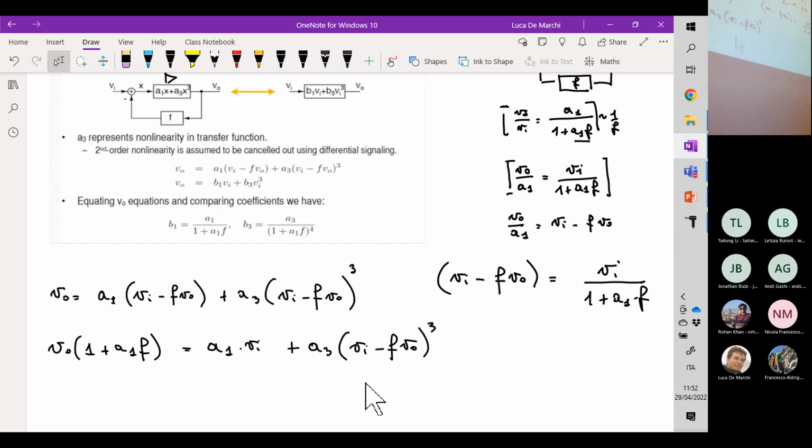Basically we are exploiting this relationship and plugging it in here.